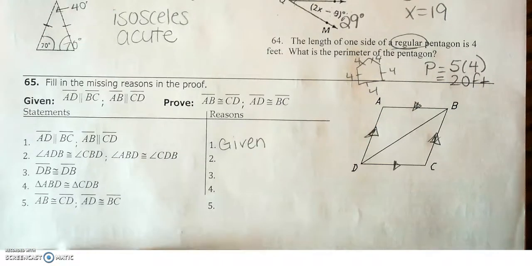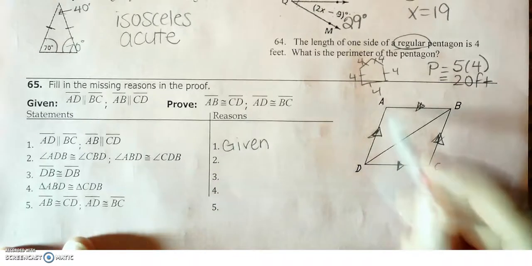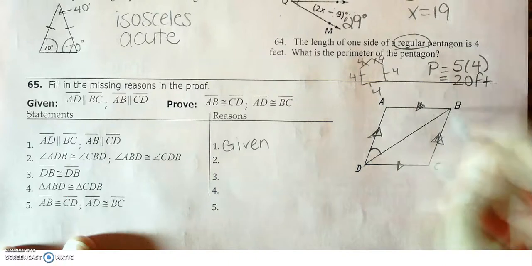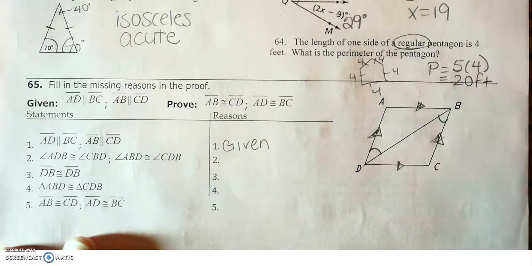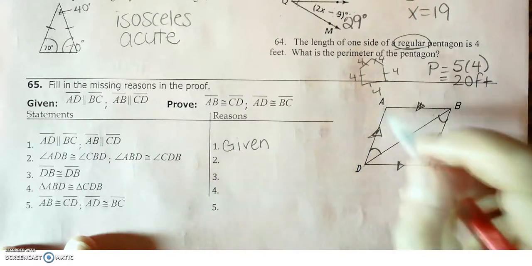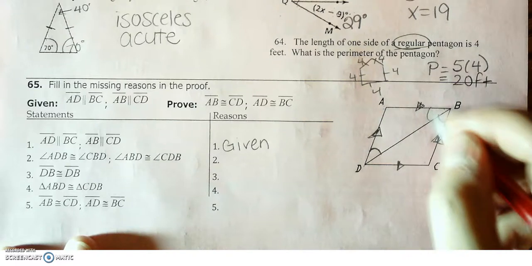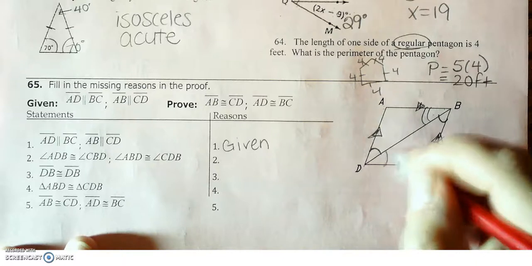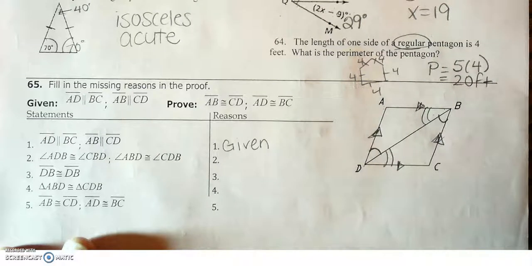Okay, let's see what they're leading us through here. ADB would be this angle here, and CBD would be this angle here. Also stated here, ABD, which would be this angle here, and CDB, which would be this angle here. How do I know those are congruent?